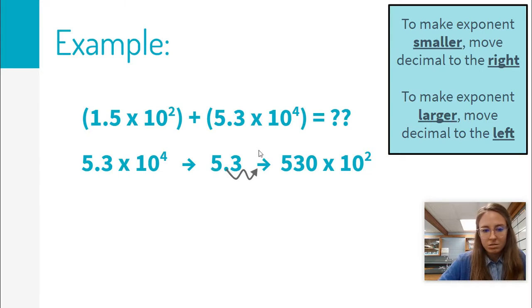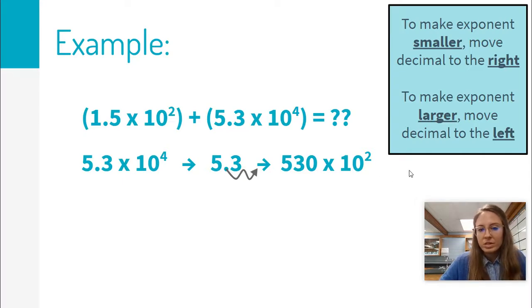So in this area here, you can see I moved the decimal 2 spaces to the right. So now the decimal is right here, and I fill this empty space with a 0. So this 5.3 times 10 to the 4th has been changed into 530 times 10 to the 2nd.